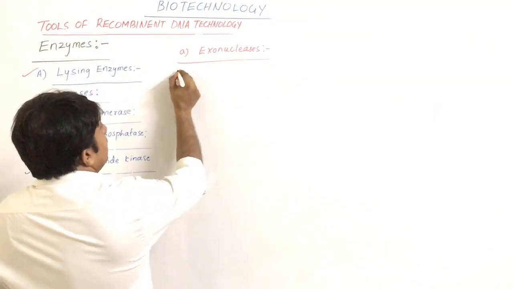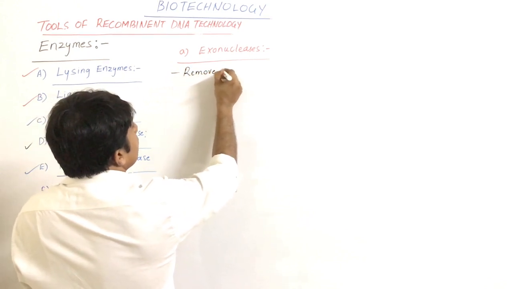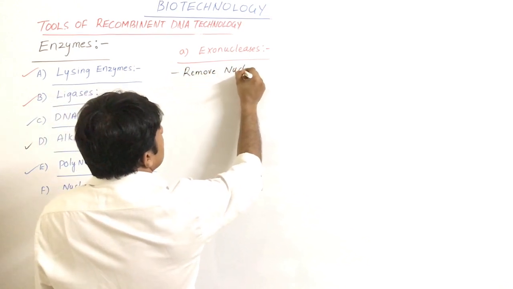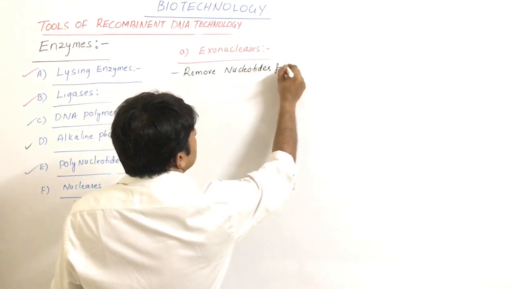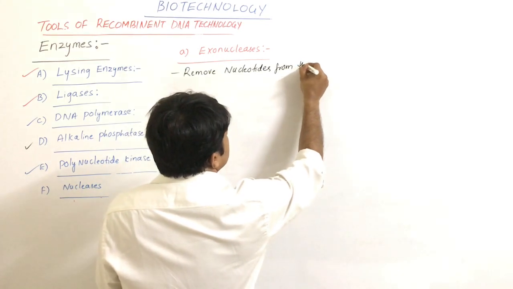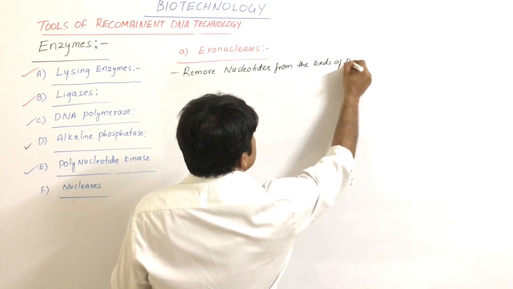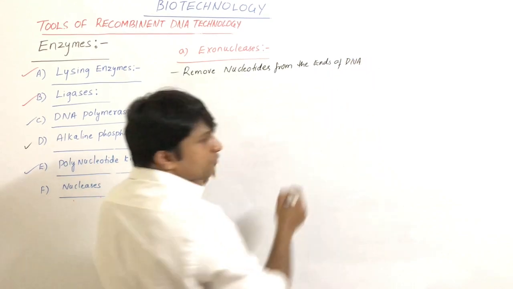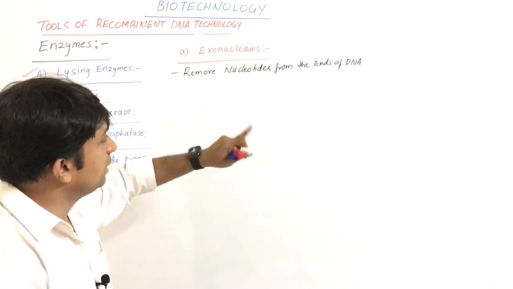Exonucleases remove nucleotides from the ends of a DNA strand.